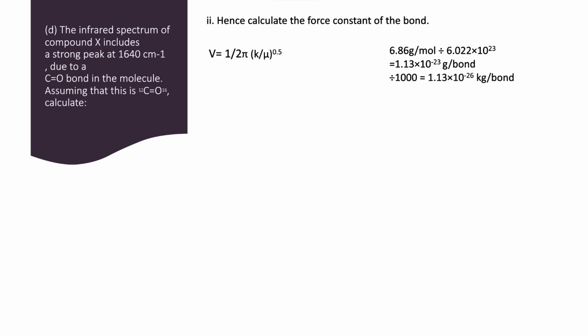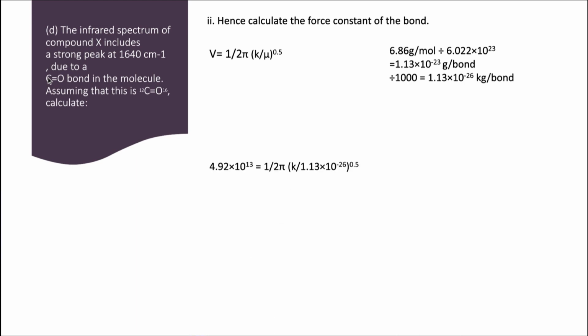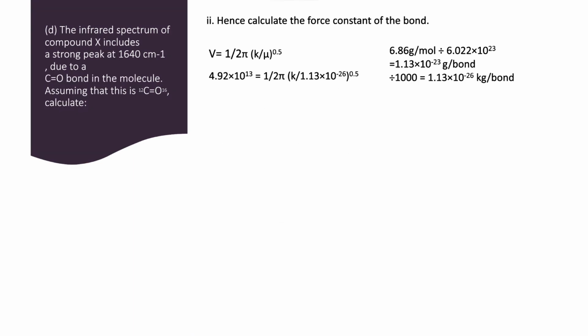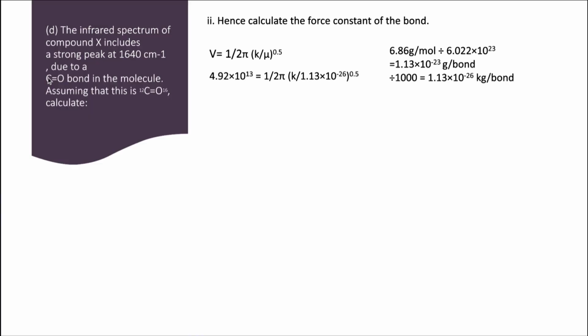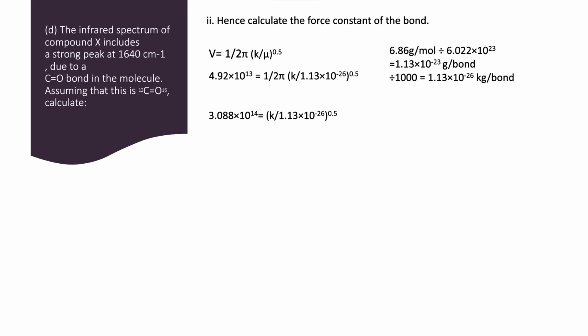If we sub in all our numbers that we've just worked out, we have 4.92 times 10 to the 13 equals 1 over 2 pi times K over 1.13 times 10 to the minus 26 to the power of 0.5. If we divide by 1 over 2 pi, we get 3.088 times 10 to the 14 equals K over 1.13 times 10 to the minus 26 to the power of 0.5.